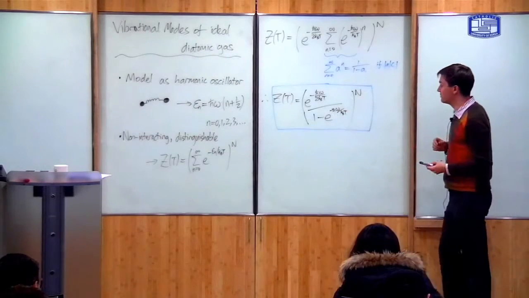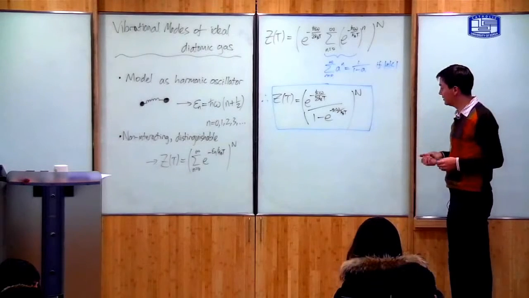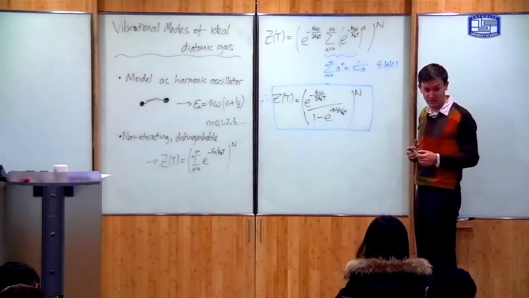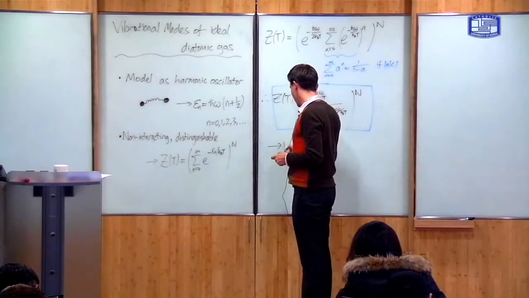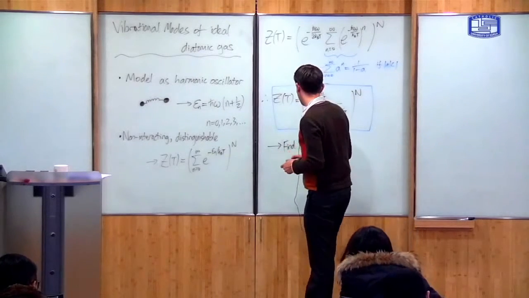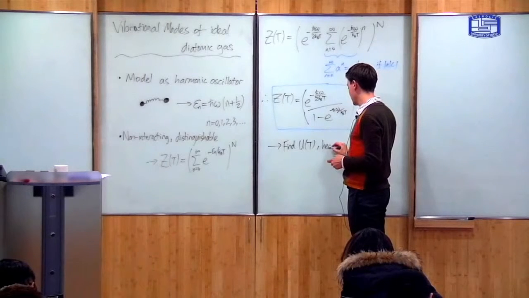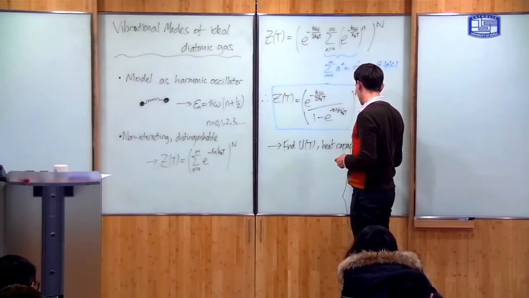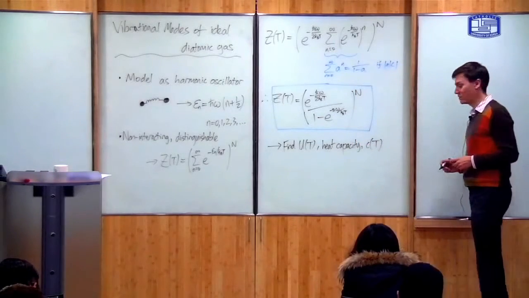Now what we're most interested in is the internal energy, how much energy do these vibrations hold, and secondly, the heat capacity of these vibrations. So what we want to do with this formula is find the internal energy stored in the vibrational part and the heat capacity, which I'll just call C. It has no volume dependence.